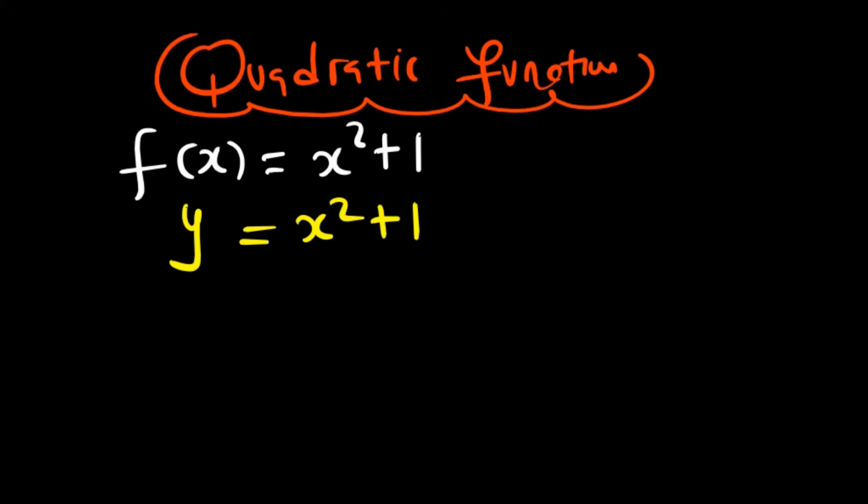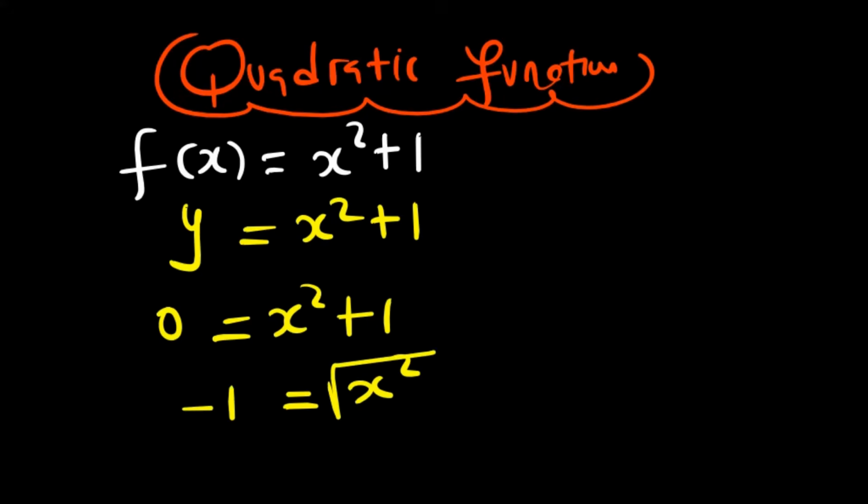So in this case, what is going to be our answer? Okay. So if we're going to, you know that on the y-axis, x is equal to 0. So 0 is equal to x squared plus 1. Now if I take 1 to the other side, I'm going to have negative 1 is equal to x squared.